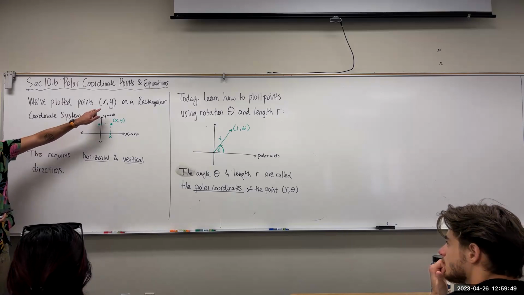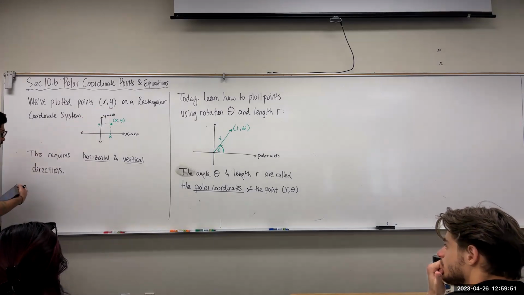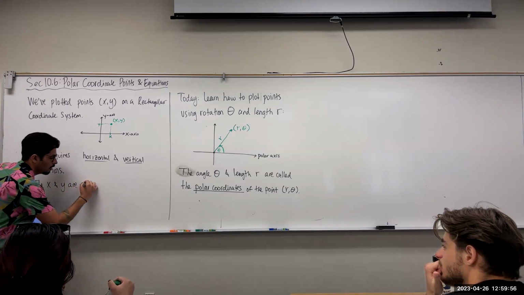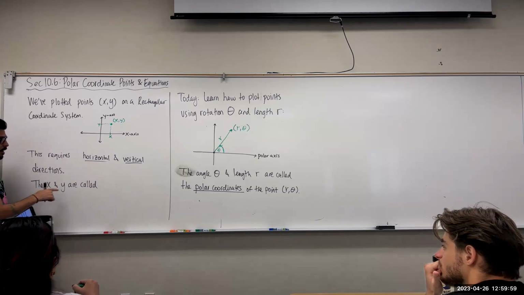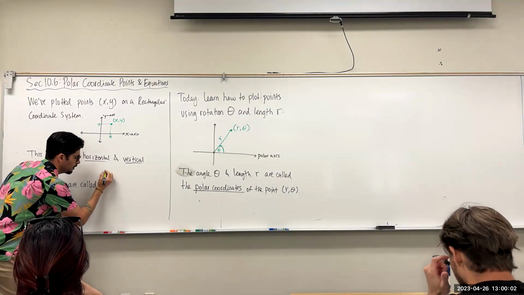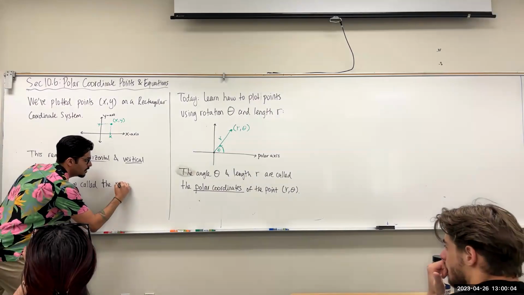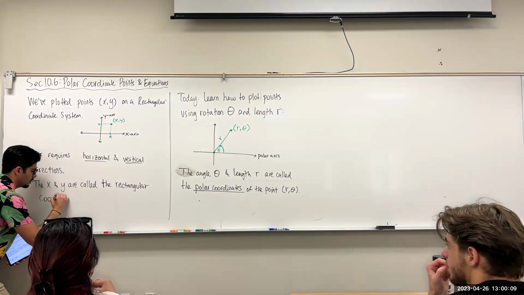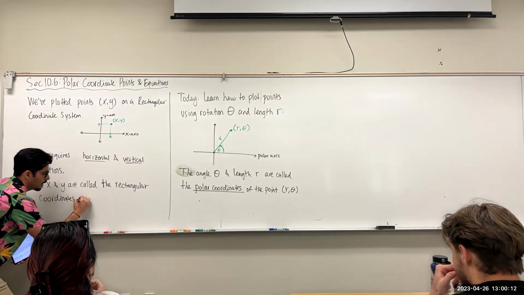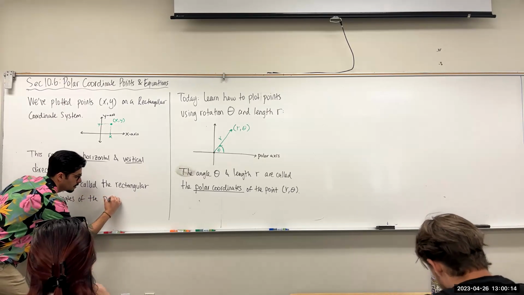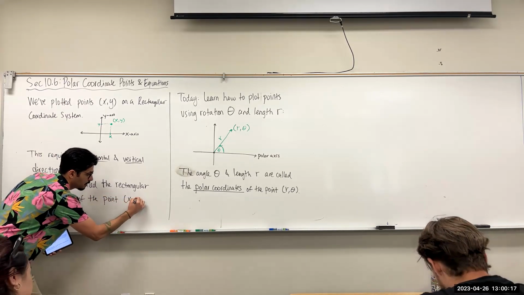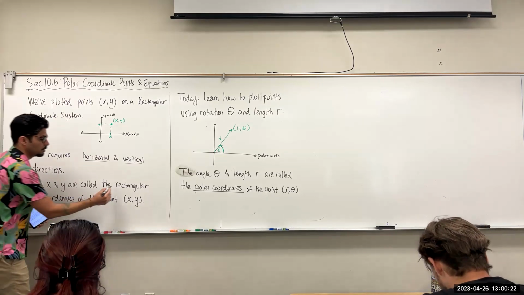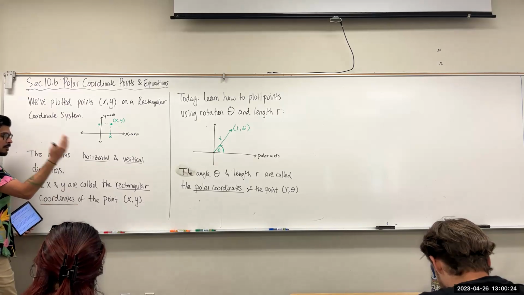Oh, and I forgot to say here, for the XY point that we've been using, the X and Y are called the rectangular coordinates of the point X comma Y. So when you see rectangular coordinates, it's talking about x comma y.